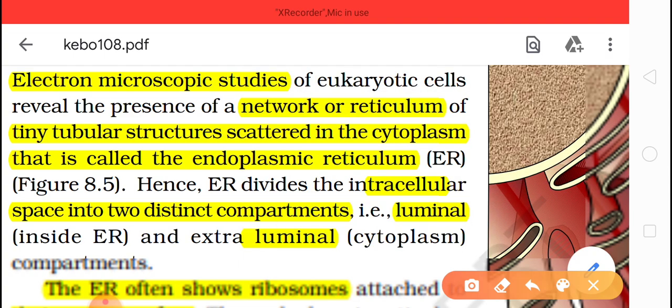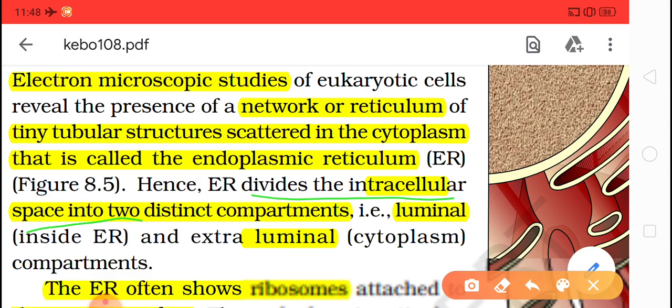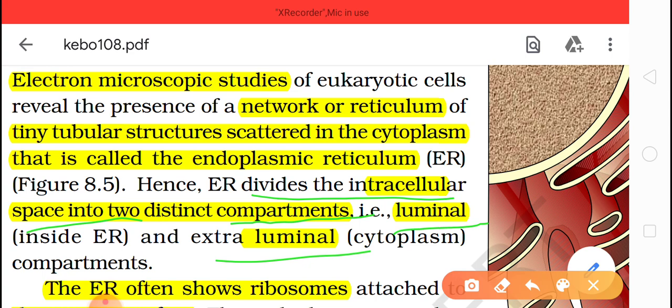The endoplasmic reticulum divides the intracellular space, the structure inside the cell, into two distinct compartments: luminal and extraluminal. Luminal is inside the endoplasmic reticulum, and extraluminal is outside the endoplasmic reticulum.